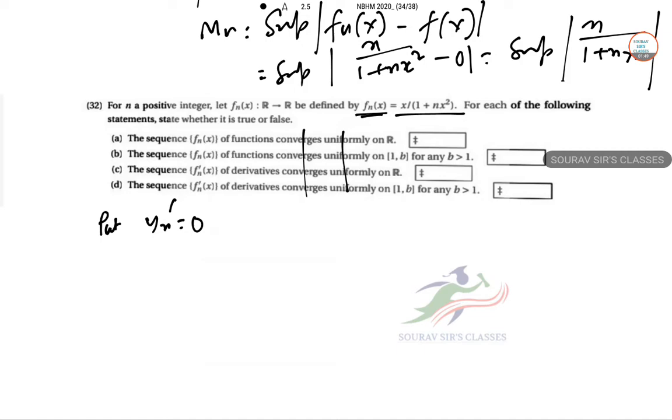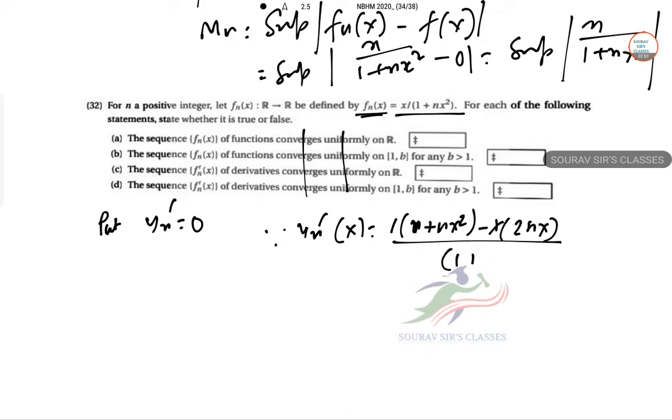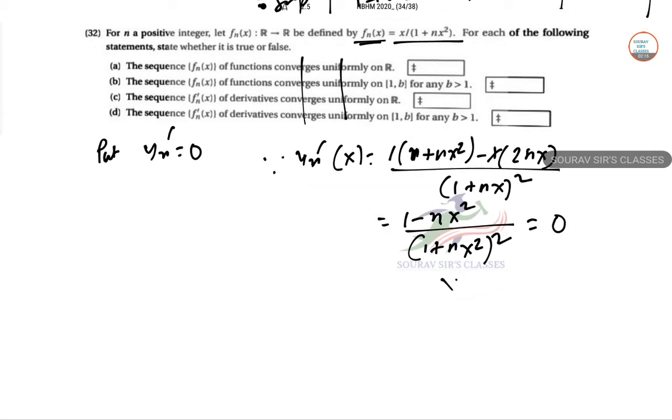So y_n'(x) equals (1 + nx² - 2nx²)/(1 + nx²)², and this is equal to 0. So 1 - nx² equals 0, so x equals 1/√n.